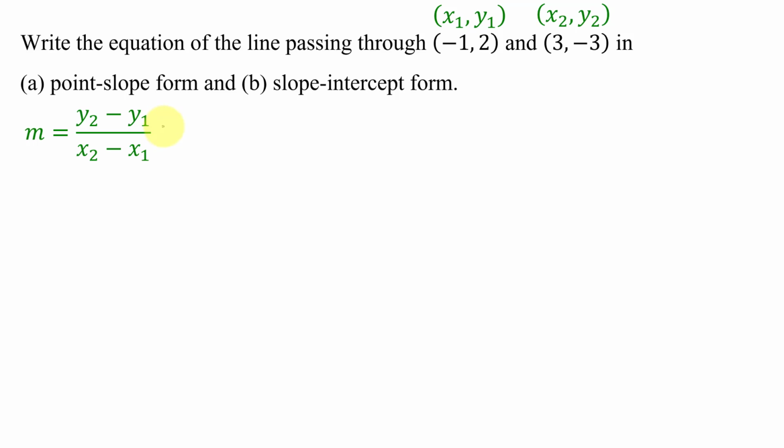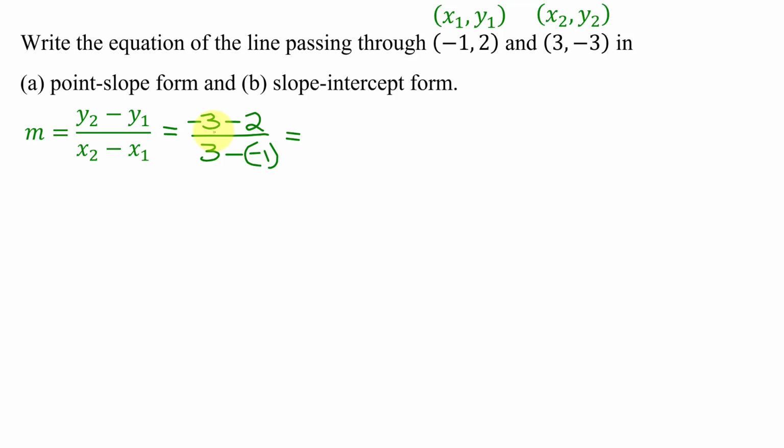So now I can find the slope. It's y2, which is the y-coordinate of the second point, which is -3, minus y1, the y-coordinate of the first point, so that's just 2, divided by x2, which is 3, minus the x-coordinate of the first point, which is -1.